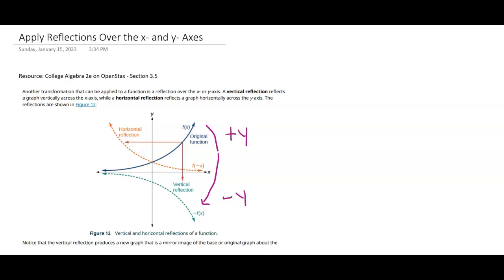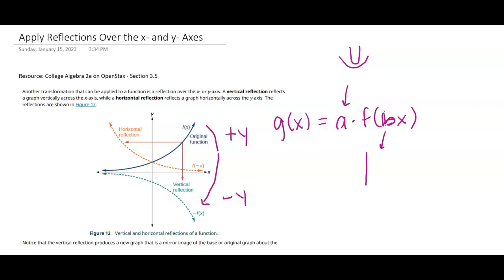Because it affects the outputs, let's say we have g of x equals a times f of bx. We knew from the previous video that a affects vertical compressions, where b affects horizontal compressions.